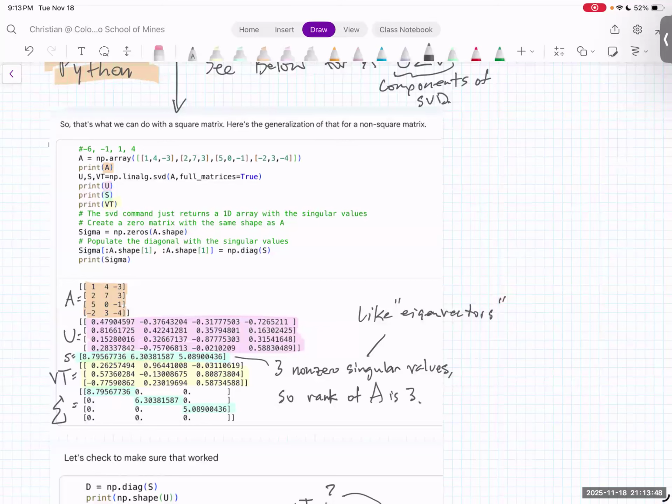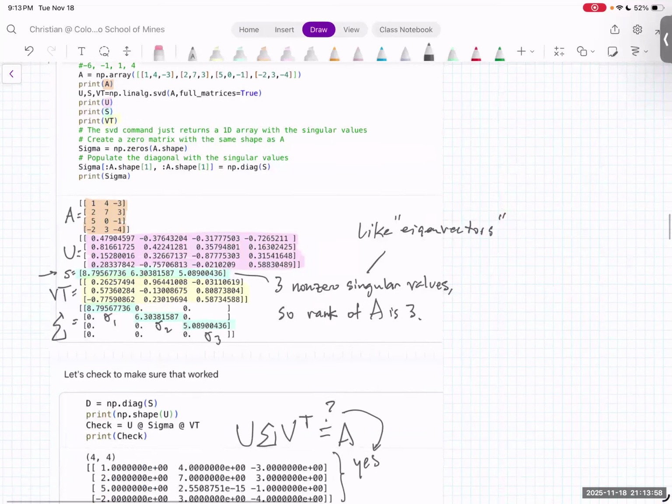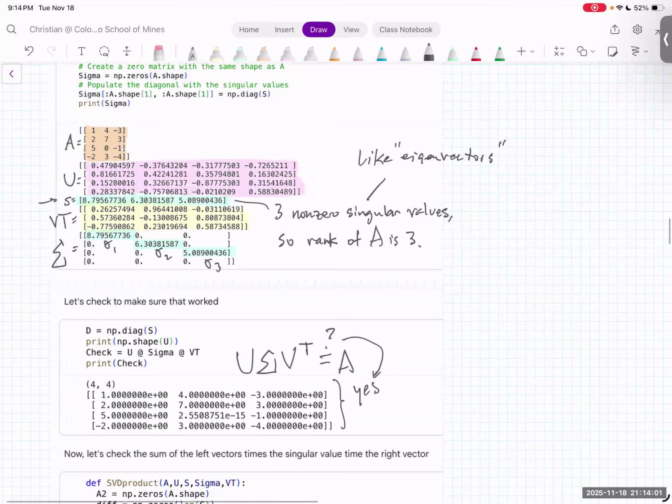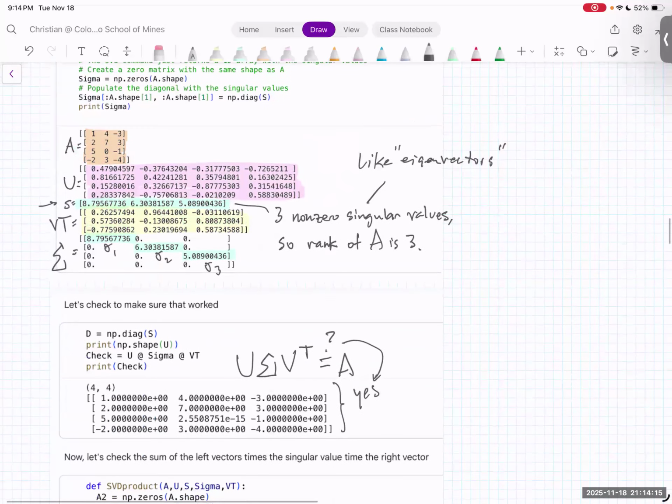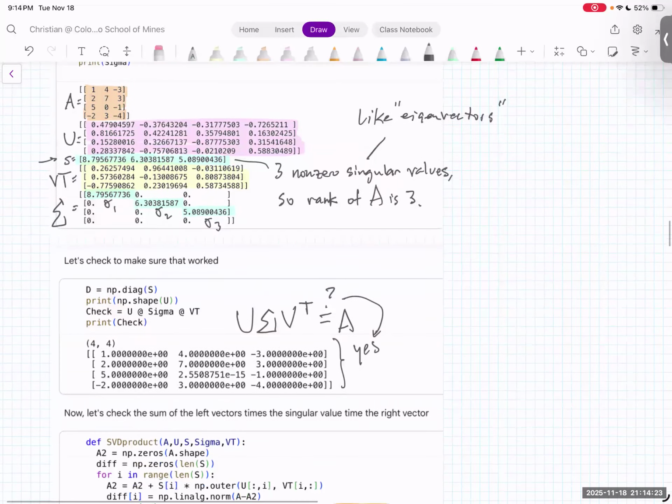This was sigma 1, this is sigma 2, sigma 3 that we saw in matrix S, the singular values of A. To check that it worked, if you multiply the matrix product, matrix U, matrix sigma, V transpose, does it equal A? And it does pretty much. Here you have 1, 2, 5, negative 2, 1, 2, 5, negative 2. We maybe have some rounding error in there, but that's working fine.